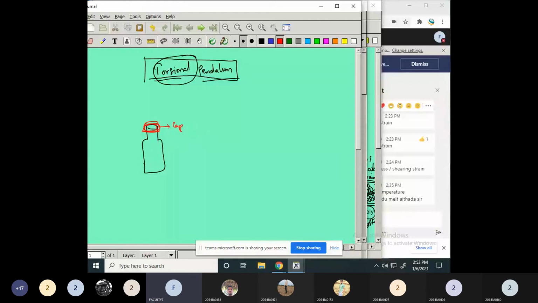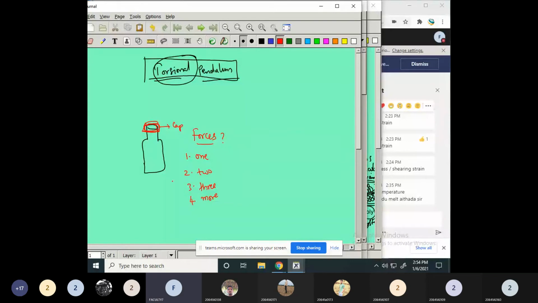Now if you want to remove this cap, what are you going to do? How many forces are required? Is it only one force, or are you going to apply two forces, or three forces, or more than three? Can you give the answer?